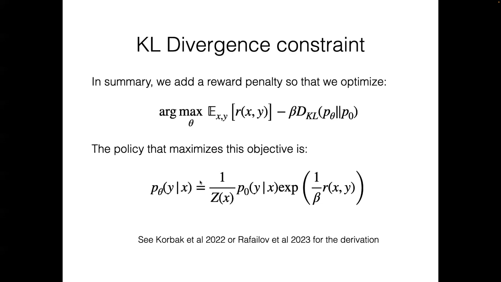It's kind of interesting. It basically says that it's your original model and then reweighted by this reward. And the amount that you care about the reward is modulated by this beta term. So it's a nice idea that the optimal policy is actually related to your initial model, and then you're adjusting it using this reward function.